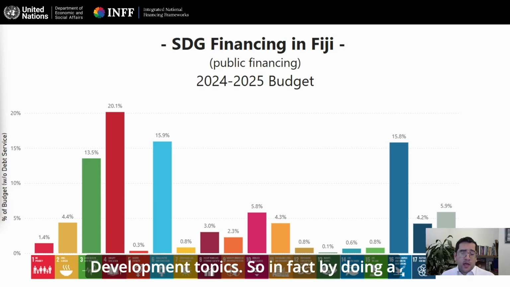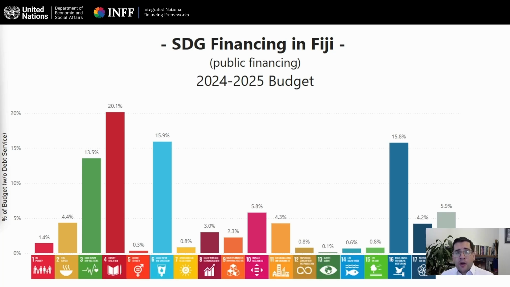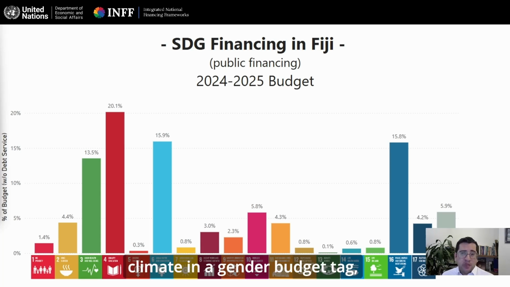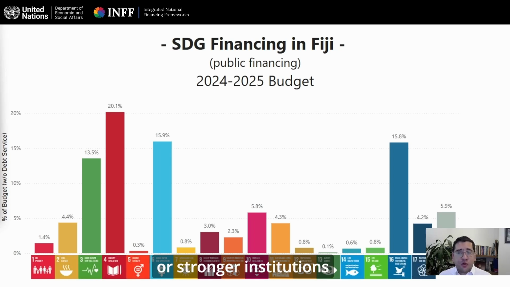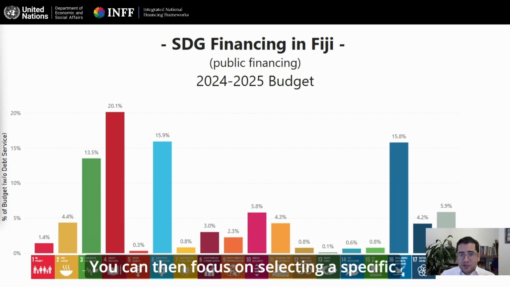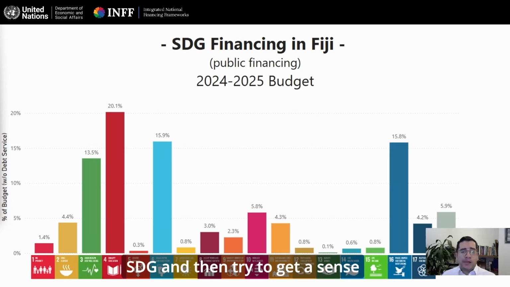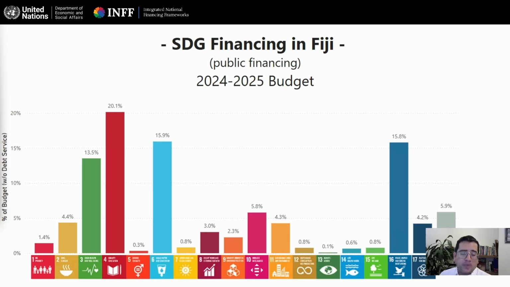So in fact, by doing an SDG budget tag, you are implicitly doing a climate and a gender budget tag as well as a poverty alleviation or peace tagging, or stronger institutions and many other topics. By tagging the budget with this umbrella framework, which is the SDGs, you can then focus on selecting a specific SDG and try to get a sense of the extent to which the national budget is actually focusing on one of those themes of interest.